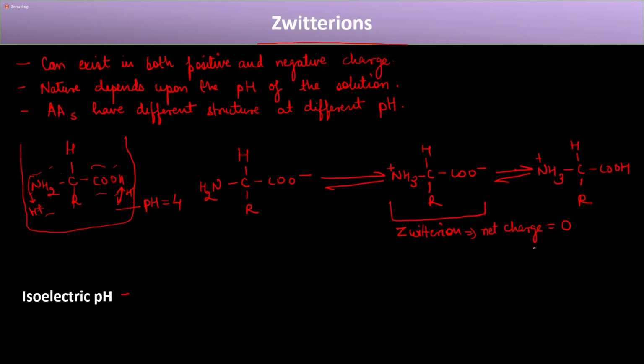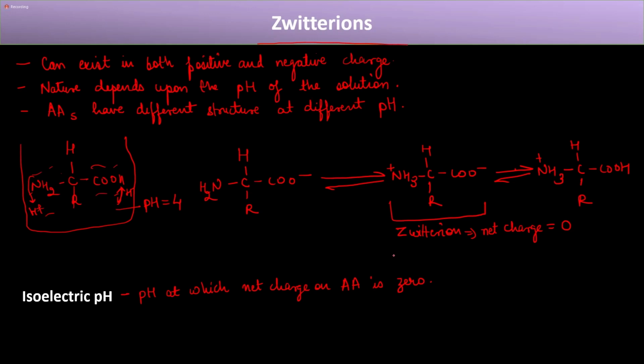So the net charge on the zwitter ion is 0, and the pH at which this occurs is known as isoelectric pH. So what you can write is: isoelectric pH is a pH at which the net charge on the amino acid is 0.